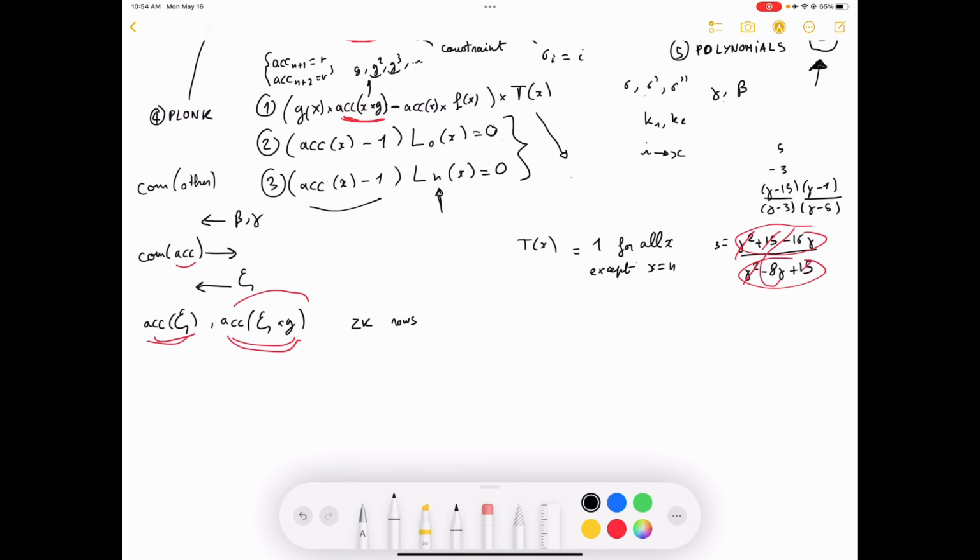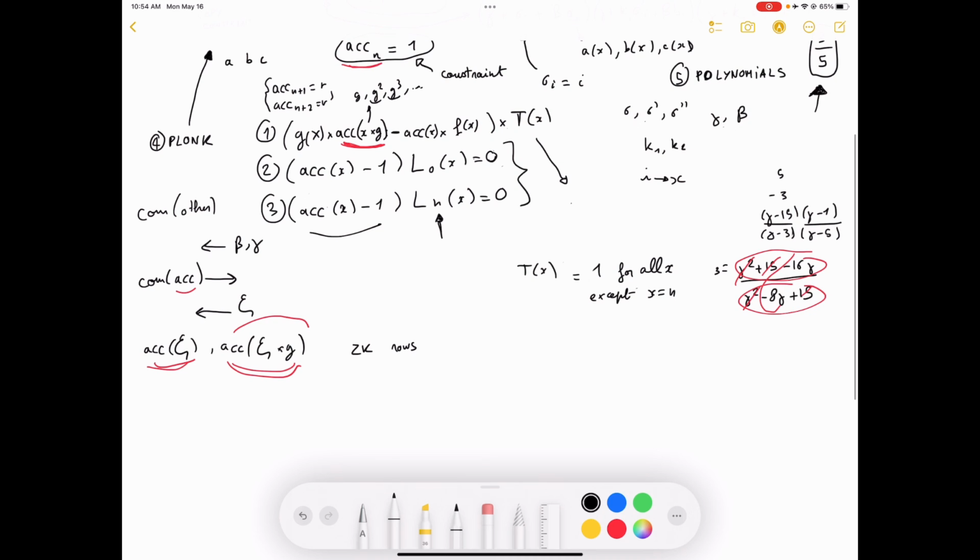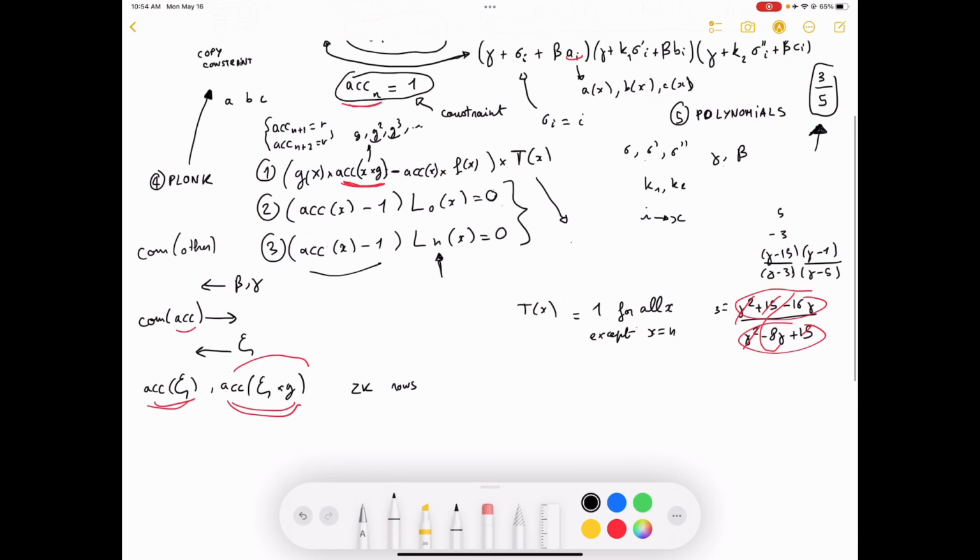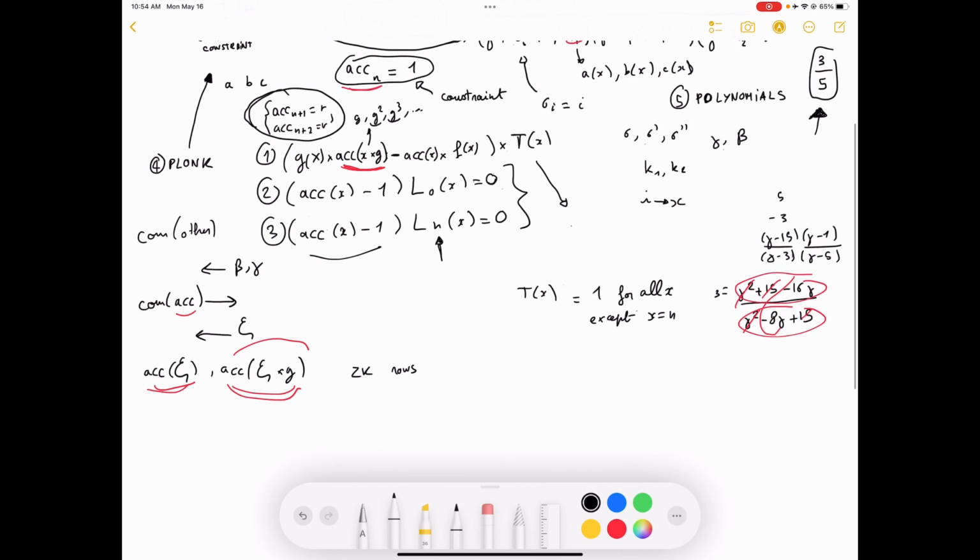That's the last constraint, so we don't want it to apply there. And then we don't want to apply it on the new values here, which are randomized. So we say except x equal n, n plus 1, and n plus 2, basically. And that's the way we avoid the zk rows, or not just the zk rows, but the zk rows and the final row also.